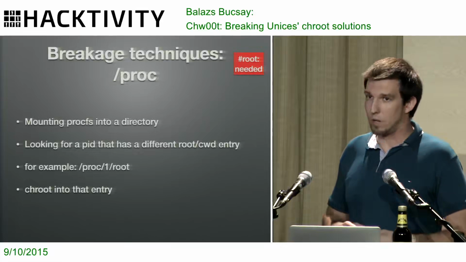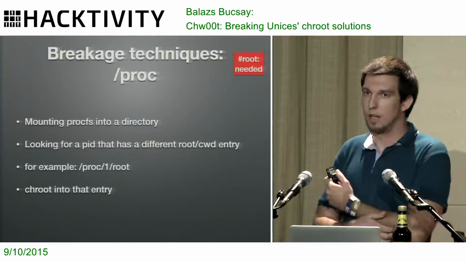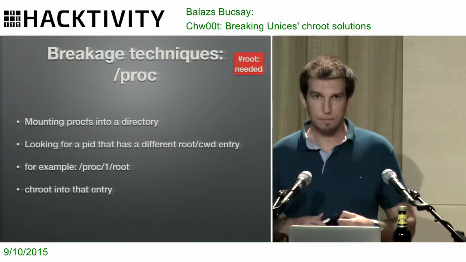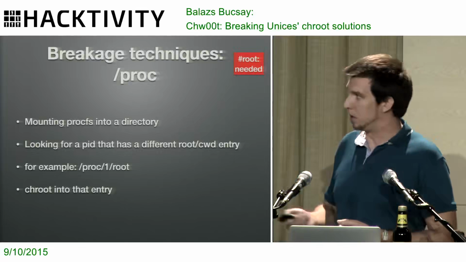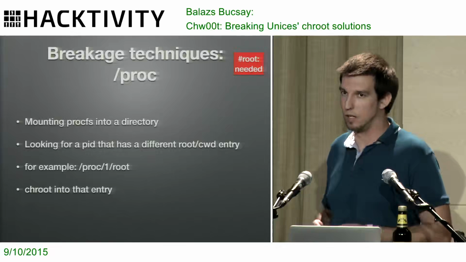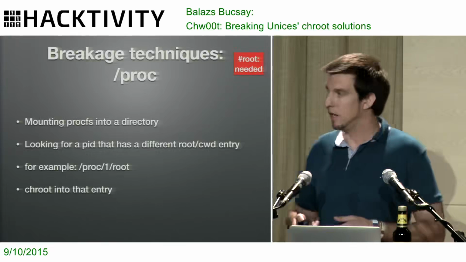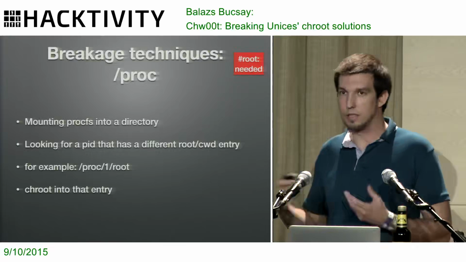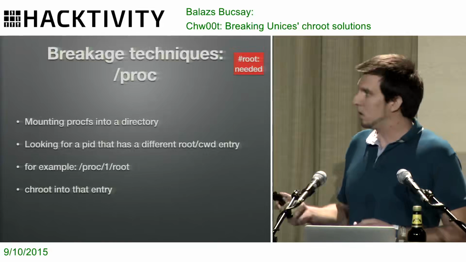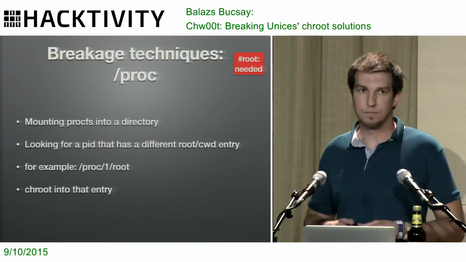Fifth technique is procfs. You can mount the procfs, and in the procfs you have all the information about processes. If you go into the proc on your Linux system, you will find lots of numbers there. Those are the PIDs of the processes. In that directory, you will find different entries, for example, the root. Do you know which process has the PID 1?